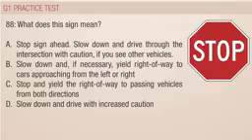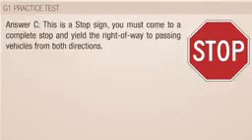C. Stop and yield the right of way to passing vehicles from both directions. D. Slow down and drive with increased caution. Answer C. This is a stop sign. You must come to a complete stop and yield the right of way to passing vehicles from both directions.